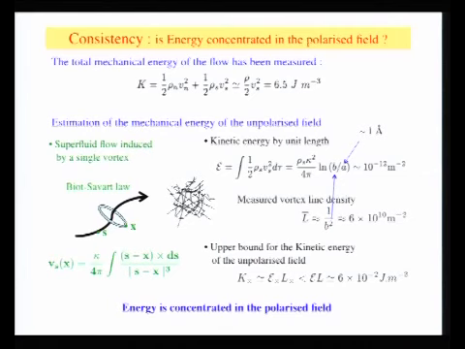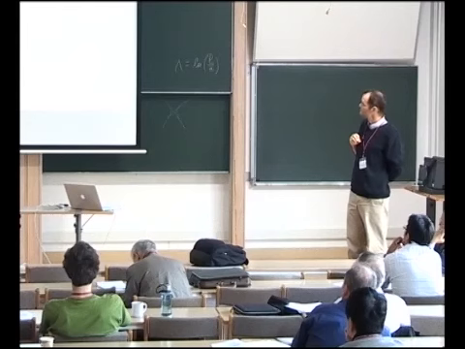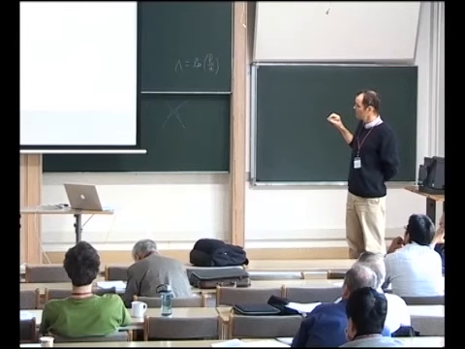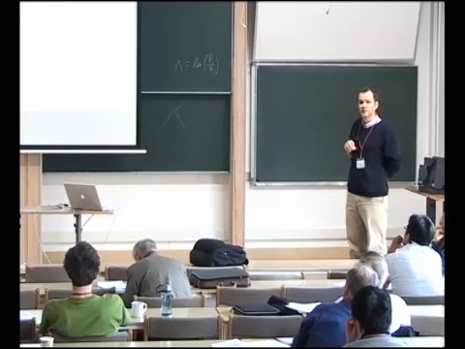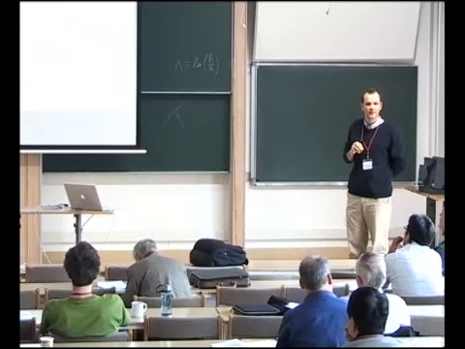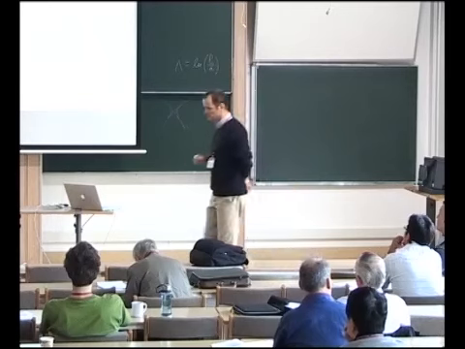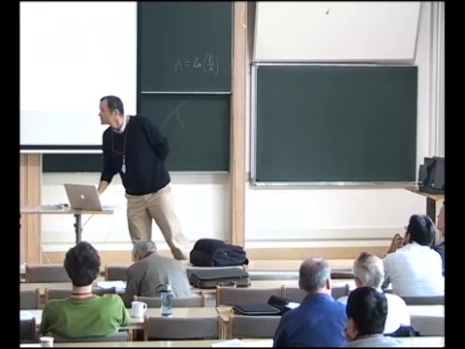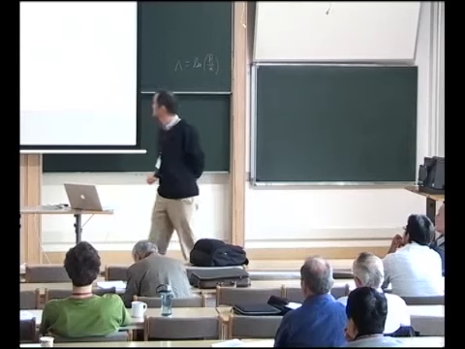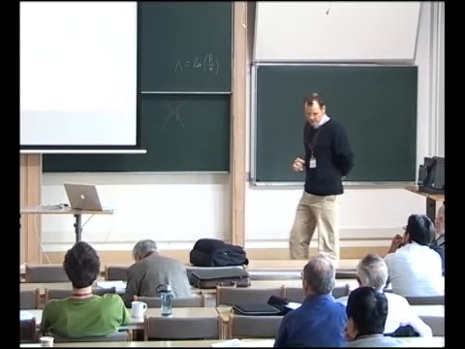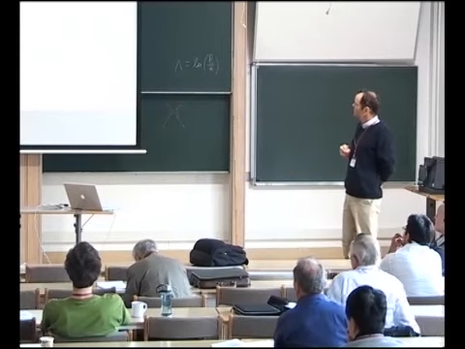We can put numbers in that and get the kinetic energy per unit length of vortex line, then multiply by the total vortex line density to estimate the kinematic energy in the unpolarized field. When we compare this energy to the total energy, it is 2 decades smaller. That means that indeed the energy seems to be concentrated in the polarized field only.